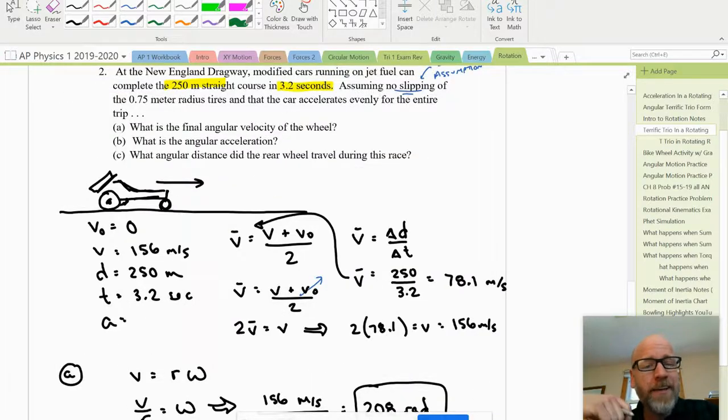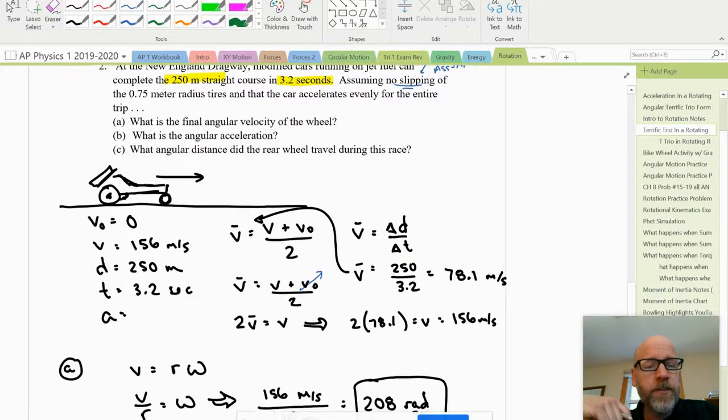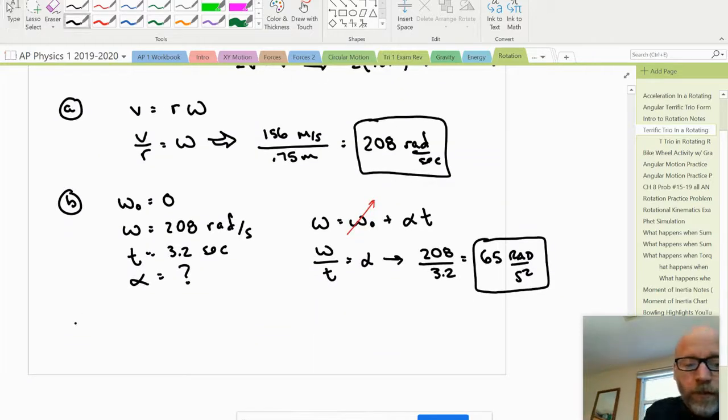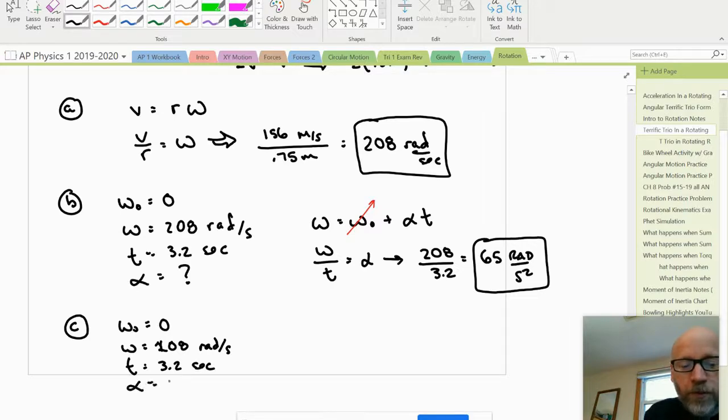C, what's the angular distance? What angular distance did the rear wheel travel during this race? All right. Well, I could again do terrific trio if I wanted. I've got omega naught, omega. I know some of you right now are screaming at the screen, saying, don't do it, Mr. Edgar. You don't have to do all that work. I know, but I want to. Theta equals question mark.